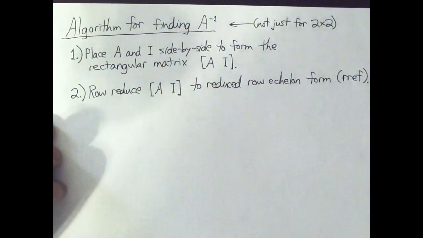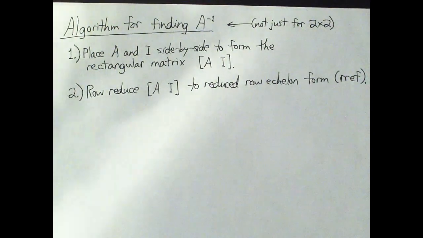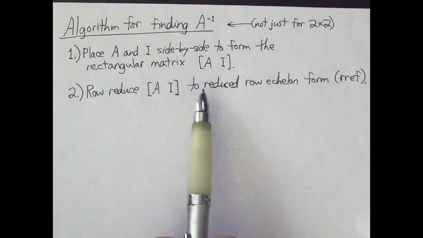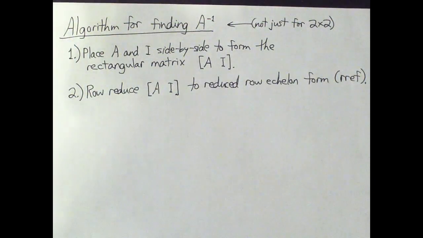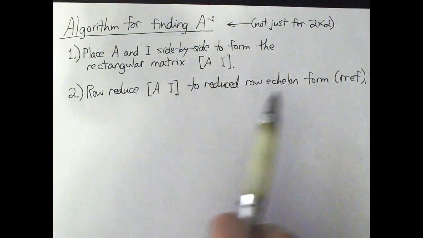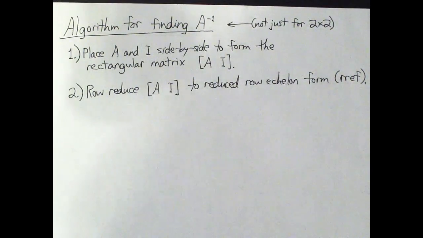Remember how when we do row reduction, we can either get it to row echelon form, which corresponds to a triangular system, or we can get it further into reduced row echelon form. That's where all the pivots have to be 1s, and all the numbers above and below each pivot have to be zeros. So we're going all the way with this to reduced row echelon form.